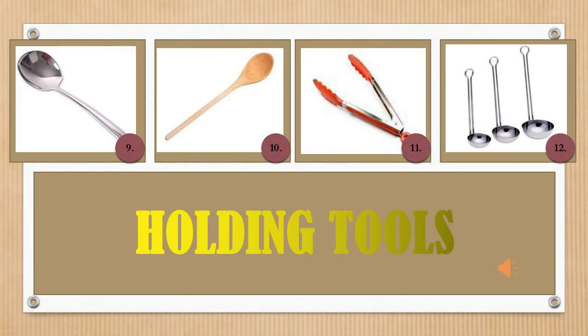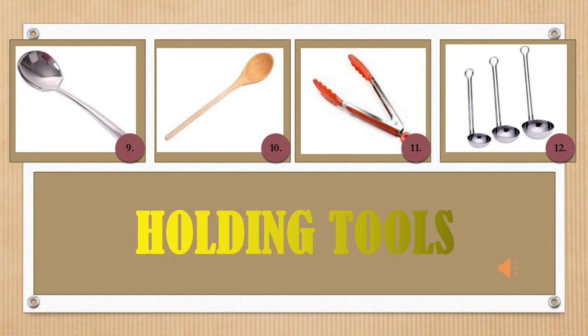Number 9, serving spoon is a larger spoon or ladle used to serve out individual portions of food. Number 10, a wooden spoon is a spoon that is used for stirring sauces and for mixing ingredients in cooking. It is made of wood and has a long handle.